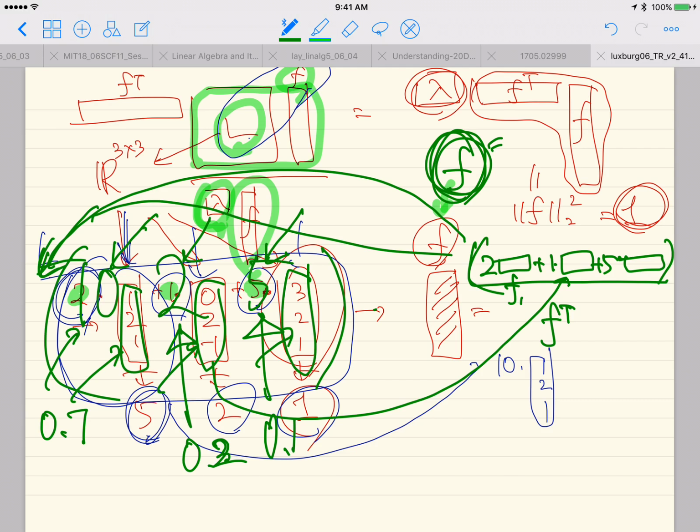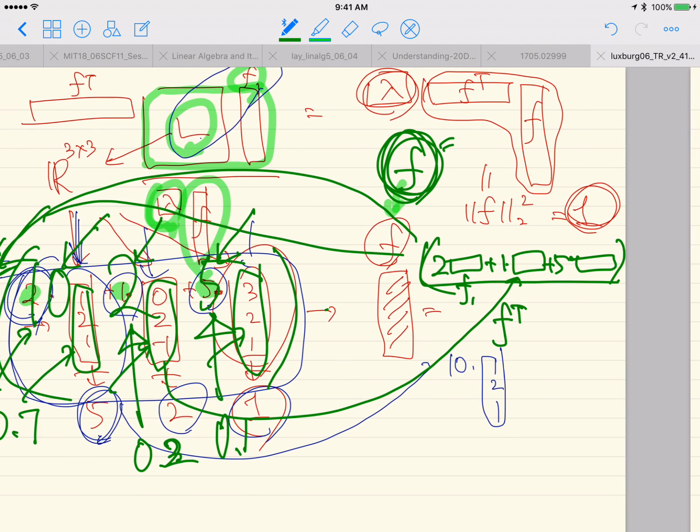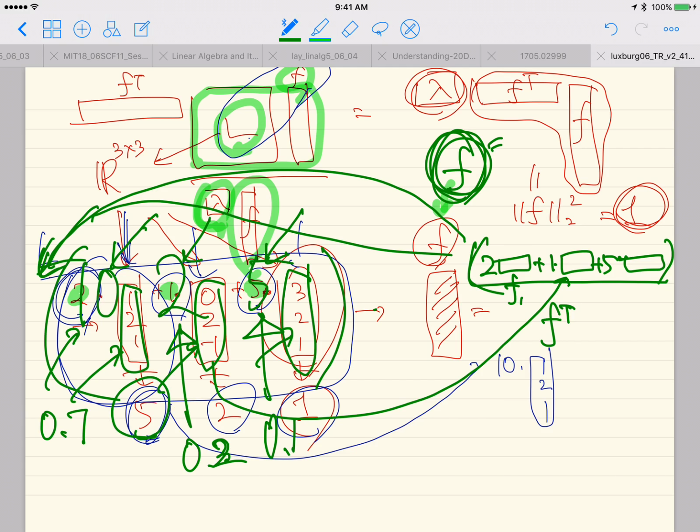And you know that for each eigenvector, we multiply its corresponding eigenvalue, right?